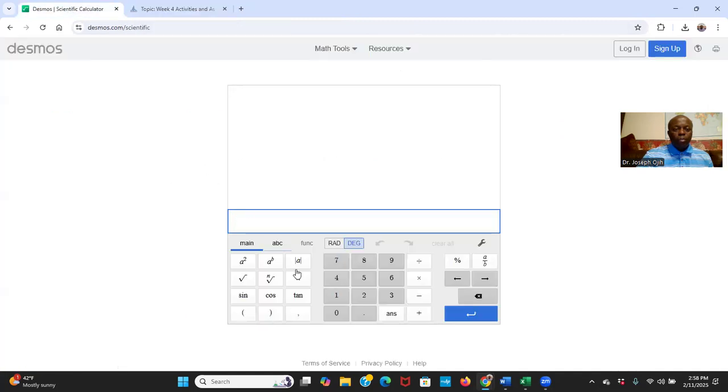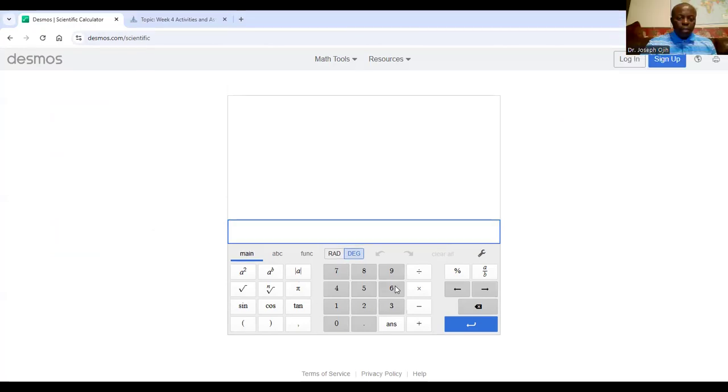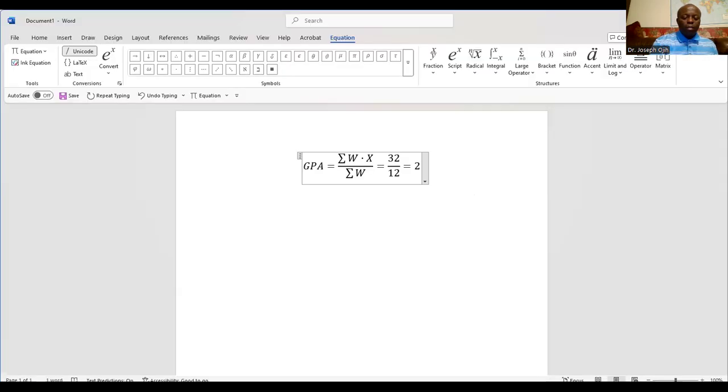So 32 divided by 12 is 2.67. So we're going to copy this.